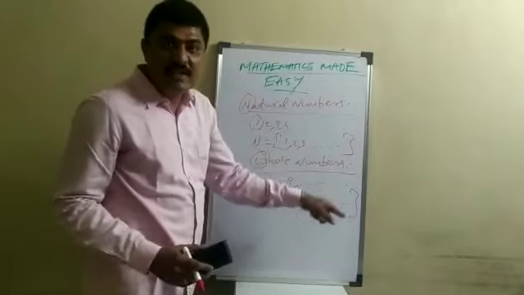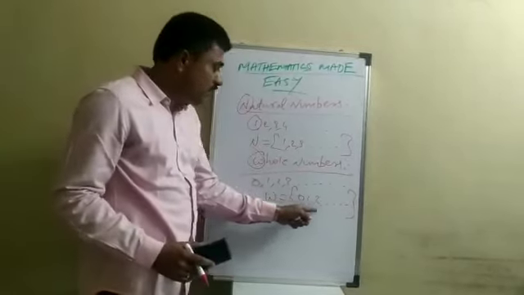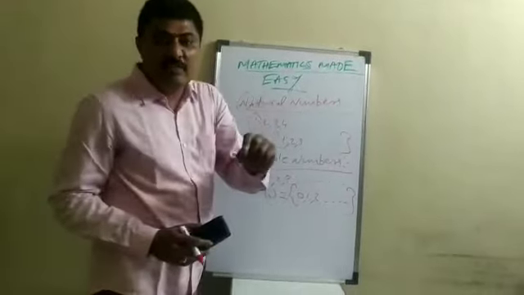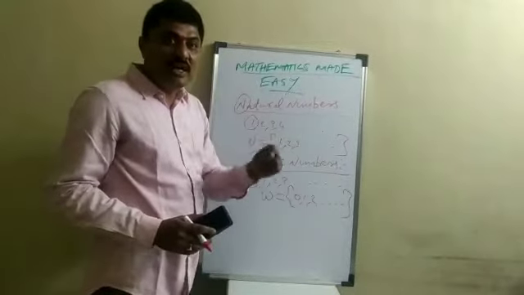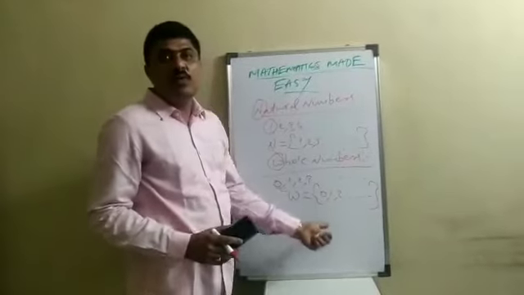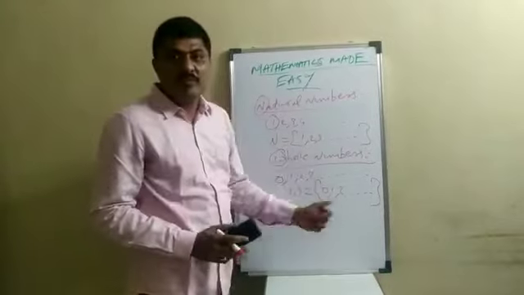Why am I taking the set of natural numbers? Because I am having numbers 1, 2, 3, 4 and so on. They are called natural numbers. In that set of natural numbers, if I include the number 0, that becomes whole numbers. So whole numbers start from 0, natural numbers start from 1.